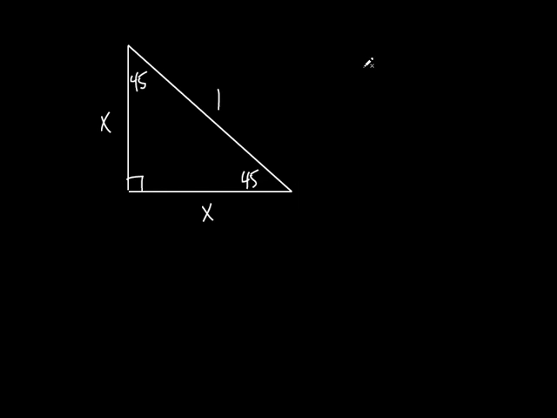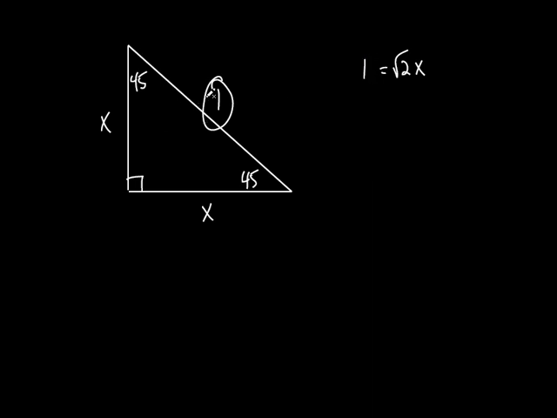Now, I want to solve for x. Remember what our relationship is? The hypotenuse is the square root of 2 times one of the legs, or times x, correct? So what's the hypotenuse? Look at it, it's right there. It's 1.